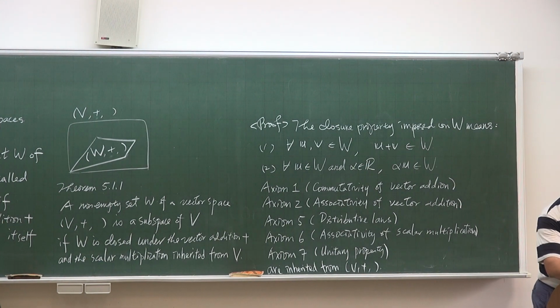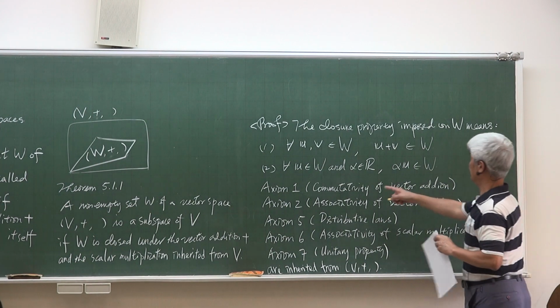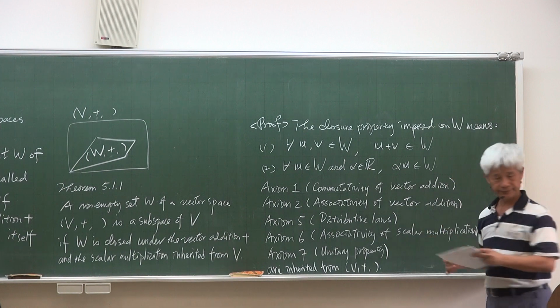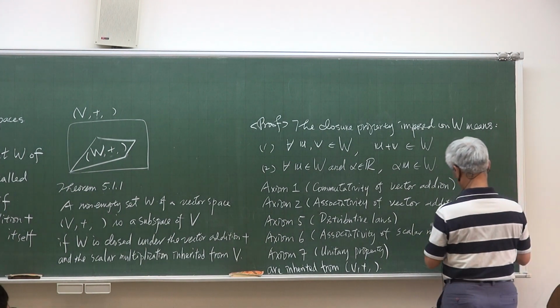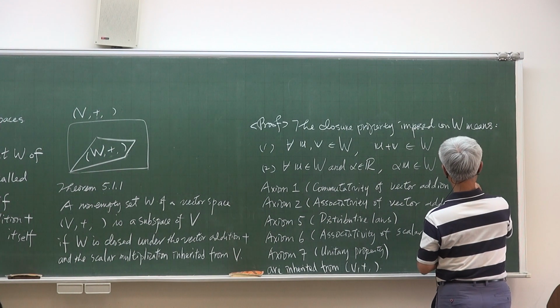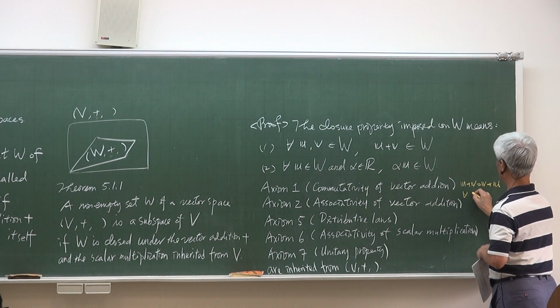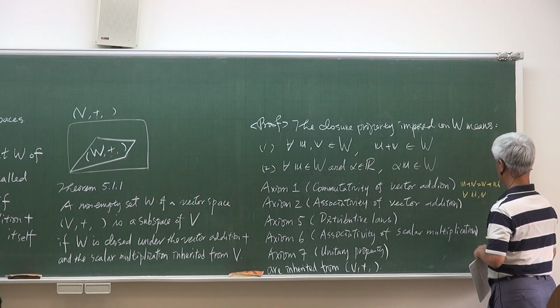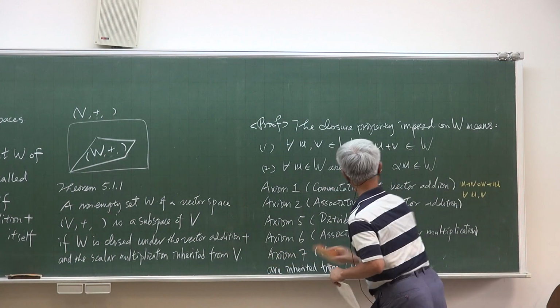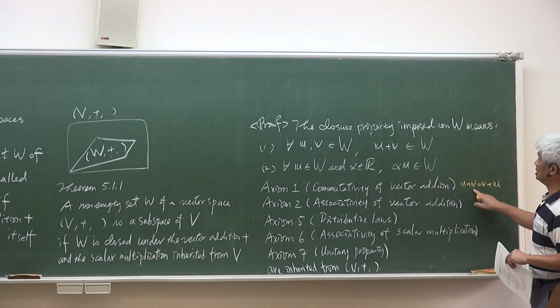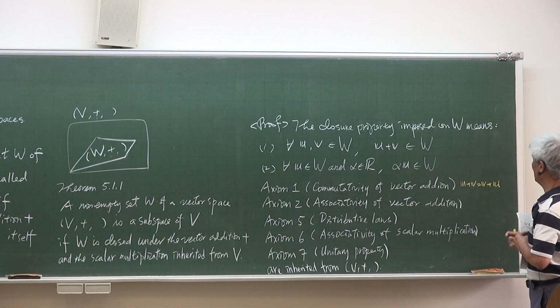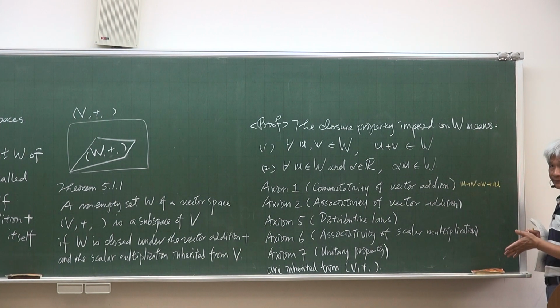Why? You can see the commutativity of vector addition is that U plus V equals V plus U for all U, V. So when U and V are in W, they must be in V, right?